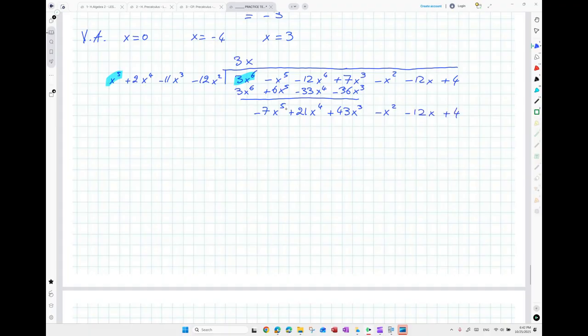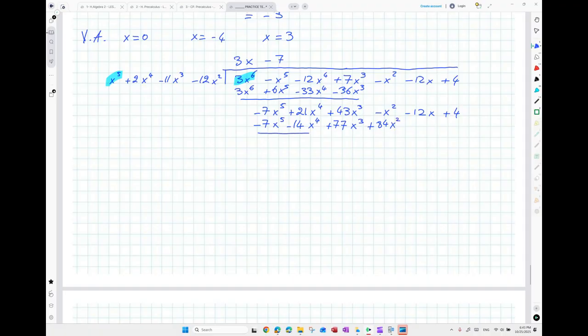My remainder has an equal degree, so I'm going to keep going. It's going to be negative 7, and I distribute back. I'll have negative 7x to the fifth minus 14x to the fourth plus 77x cubed plus 84x squared.